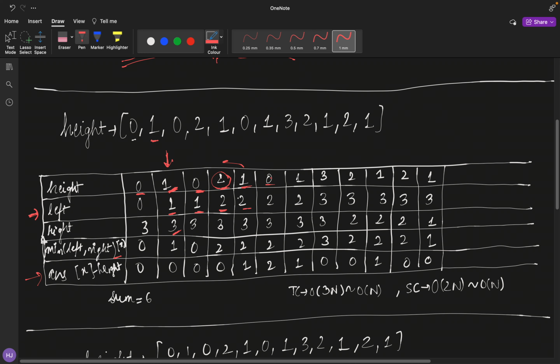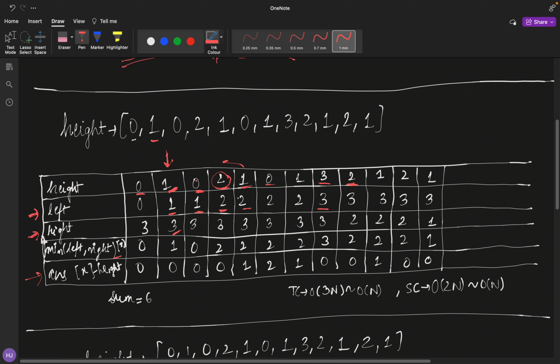Continue further, maximum to the left 2, maximum to the left 2, and maximum to the left of 3, it's 3, because we have included 3 also in our comparison at that point. Now the maximum left at this point turns out to be 3, again 3, again 3, and again 3.